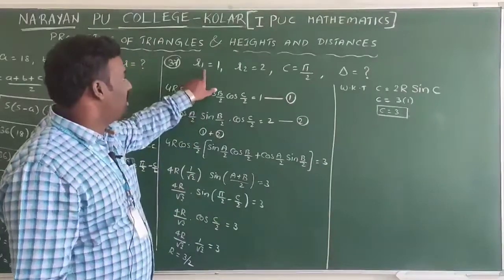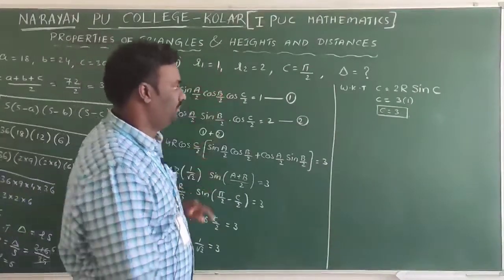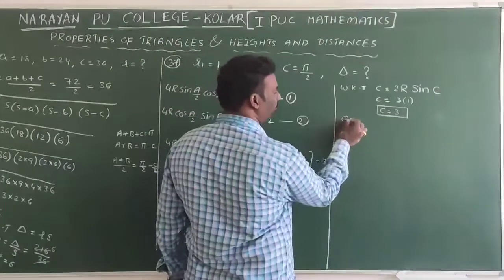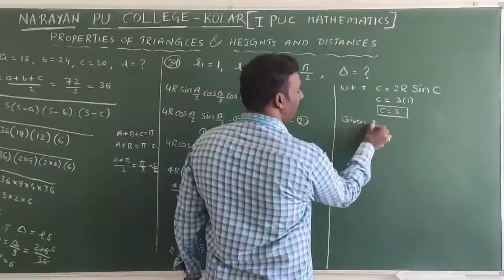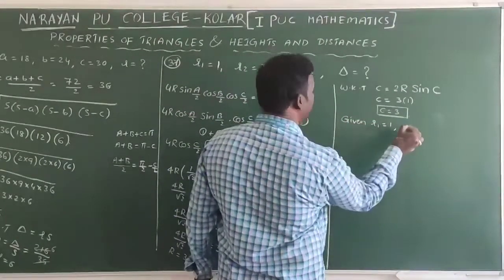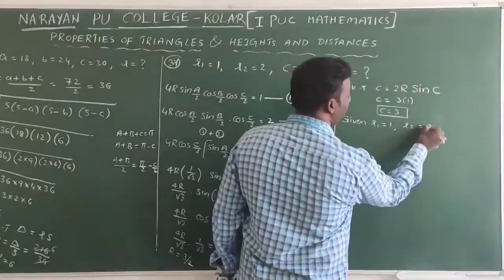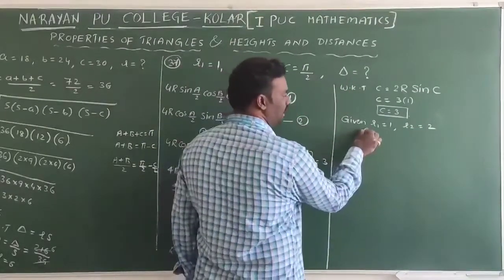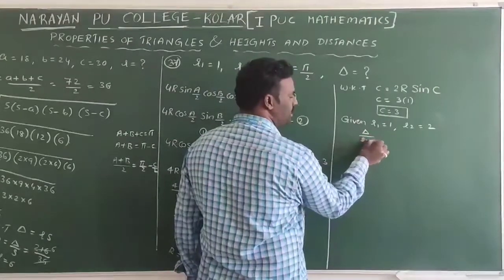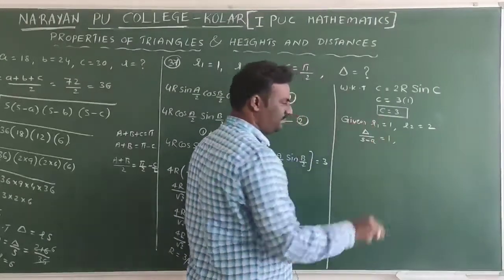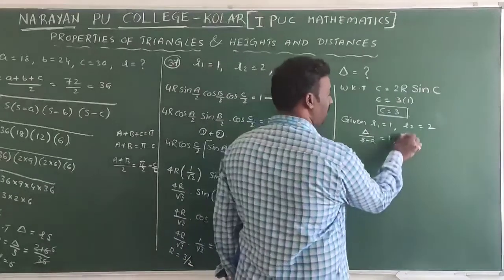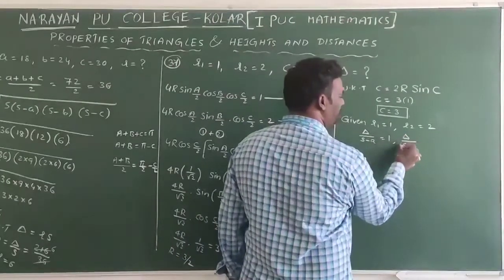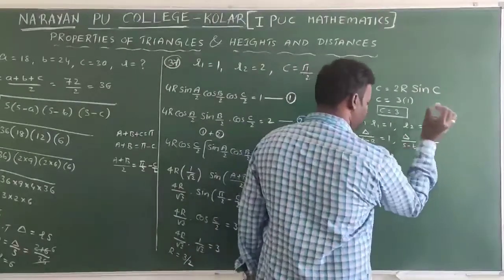So from the condition r1 equals 1 and r2 equals 2, I can write delta by (s minus a) is equal to 1, and delta by (s minus b) equals 2.